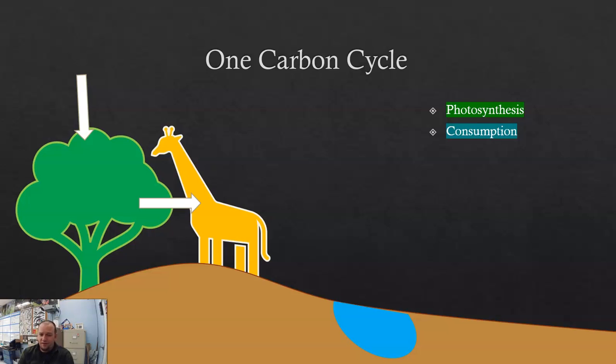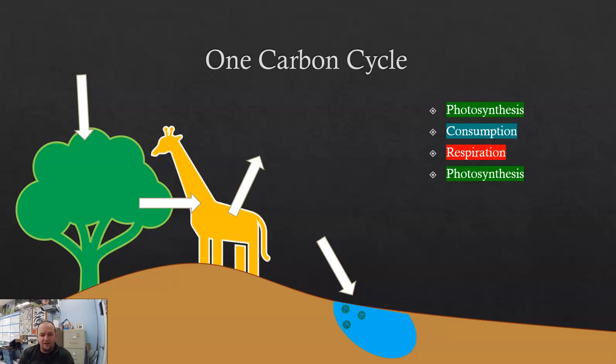Again, from here, this consumer could die, and it could be decomposition. Another consumer could eat it. For our choice, we're going to have it go back into the air via respiration. So the plant breathes it out, and it goes into the air. From here, let's say it goes back into the system via photosynthesis, but this time in an aquatic system. So it goes back via photosynthesis into these little algae floating in this pond.